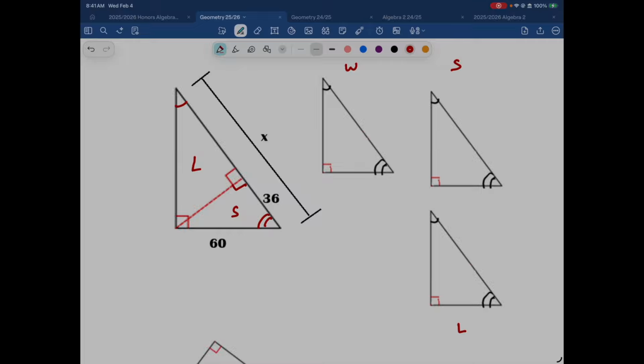So the whole, opposite the 90 of the whole, that whole thing is x. So I'm going to put an x there. I'm going to go ahead and erase that. The opposite of the 1 is 60, so there's the 1. So that's going to be 60. So I know two things on that one.